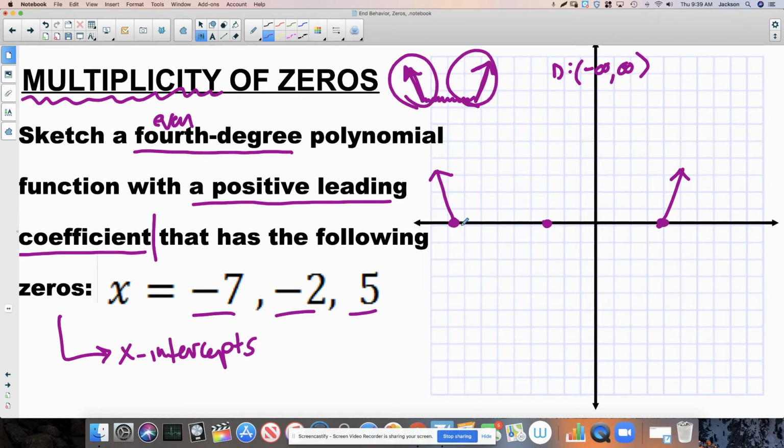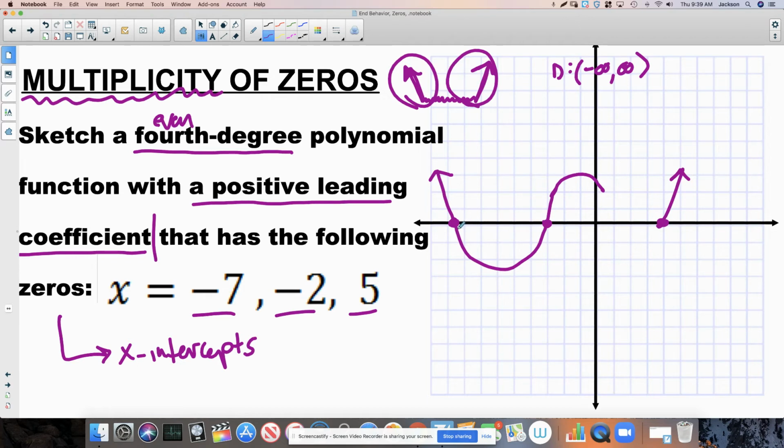So how does a graph also hit the x-axis here and here and here? If it crosses over, it's got to come back up. Well, if it comes back up and it crosses over, it's got to come back down. But I can't cross the x-axis again.